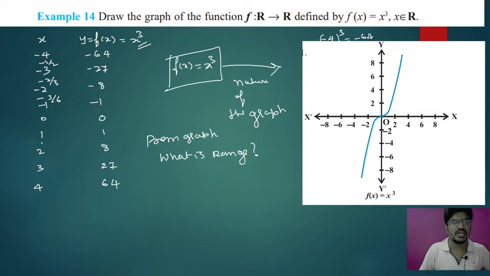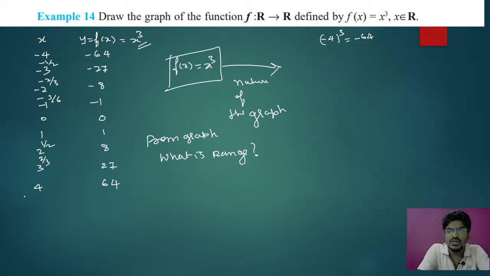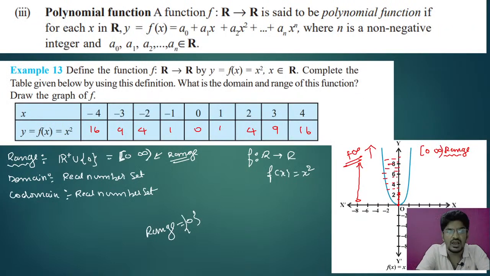Here I can also take 1 by 2, and 2 by 3. So that's why please see, only integer is not your range. You just go through the previous diagram. What you have seen? You have seen each and every element of the y-axis.